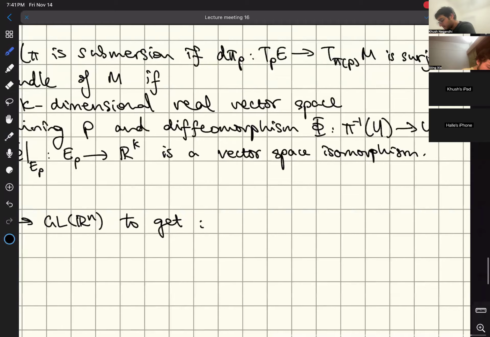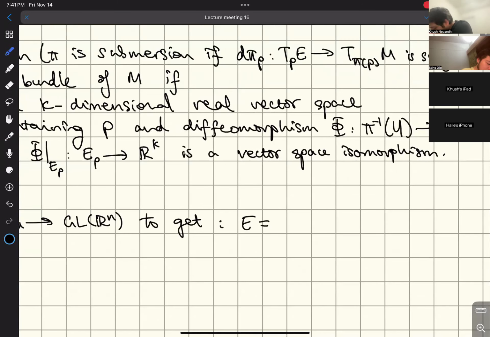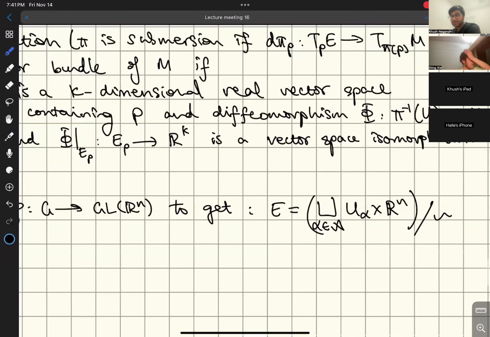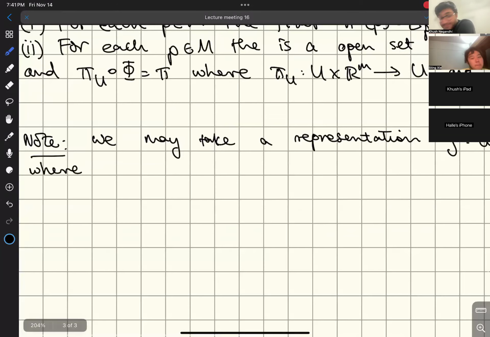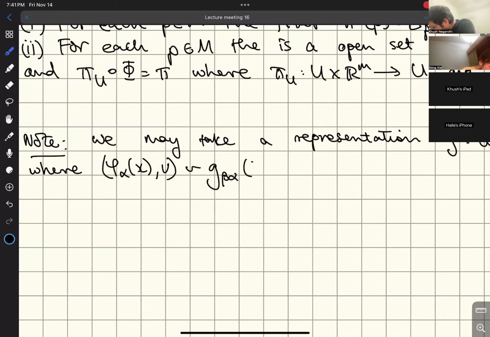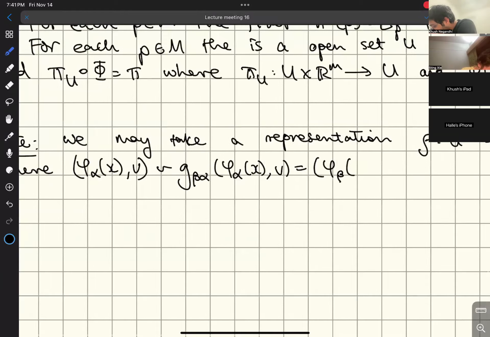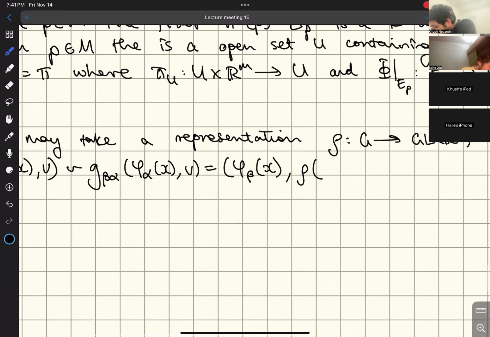Then we can let E equal the disjoint union in the usual sense, and then quotient out by the equivalence where (phi_alpha(x), v) is equivalent to g_{beta alpha} applied to it, which if I write everything out equals rho of g_{beta alpha}(x) times v.